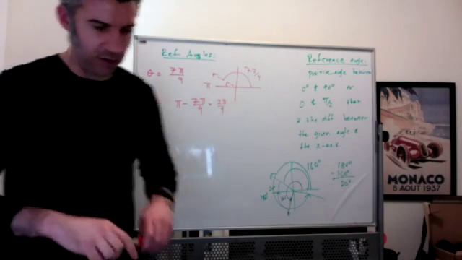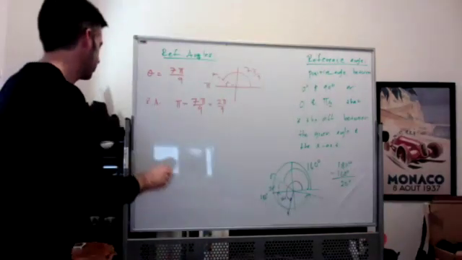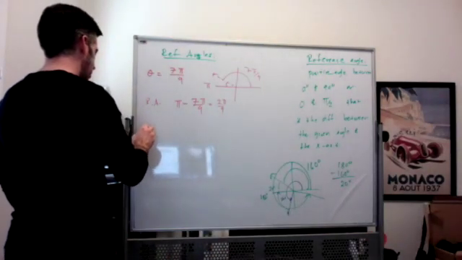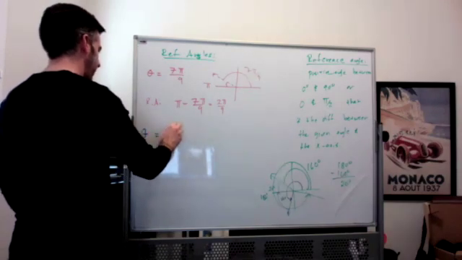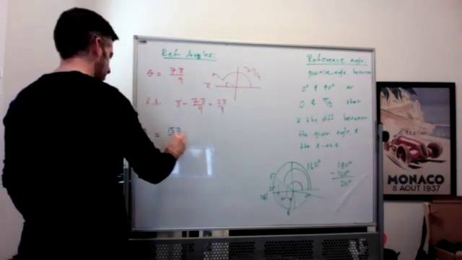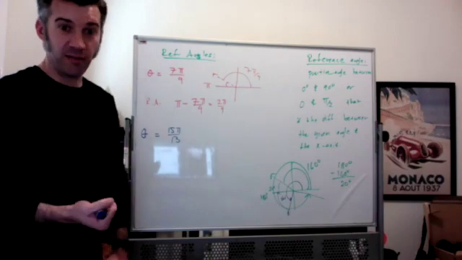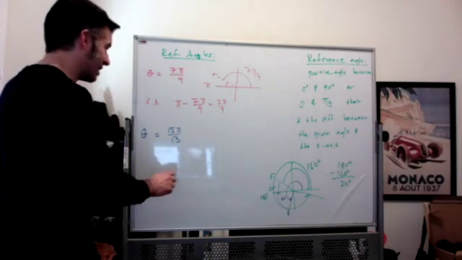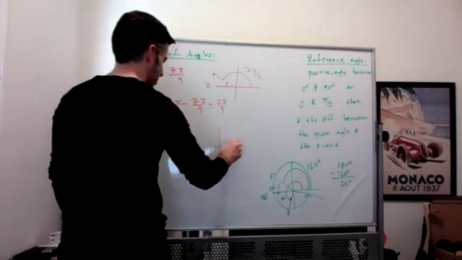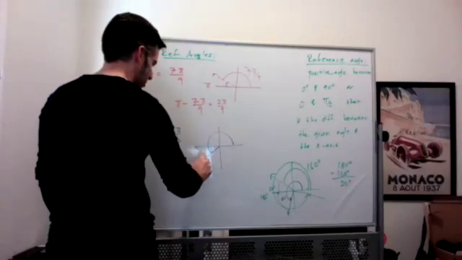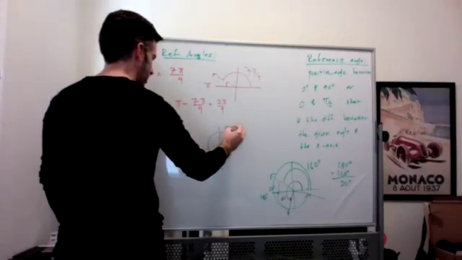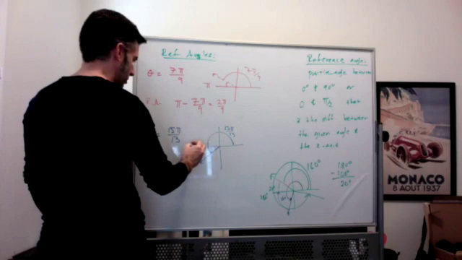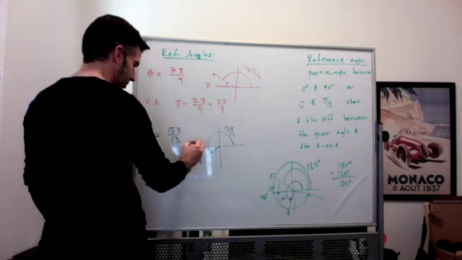Or if my angle was, I don't know, 15 pi over 13. That's a little bigger than pi. I'm probably in quadrant 3. Again, the x-axis angle here is just pi.